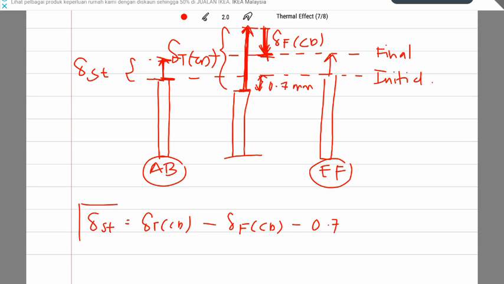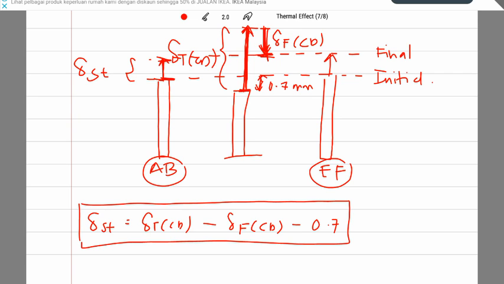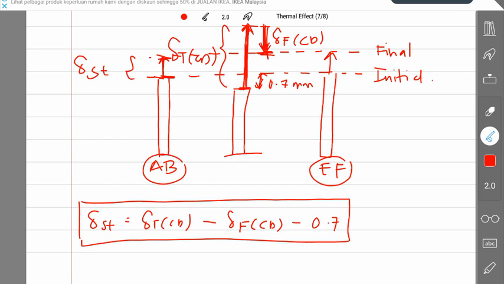So this is basically the geometry of deformation. Okay, so we're done with step number 2.